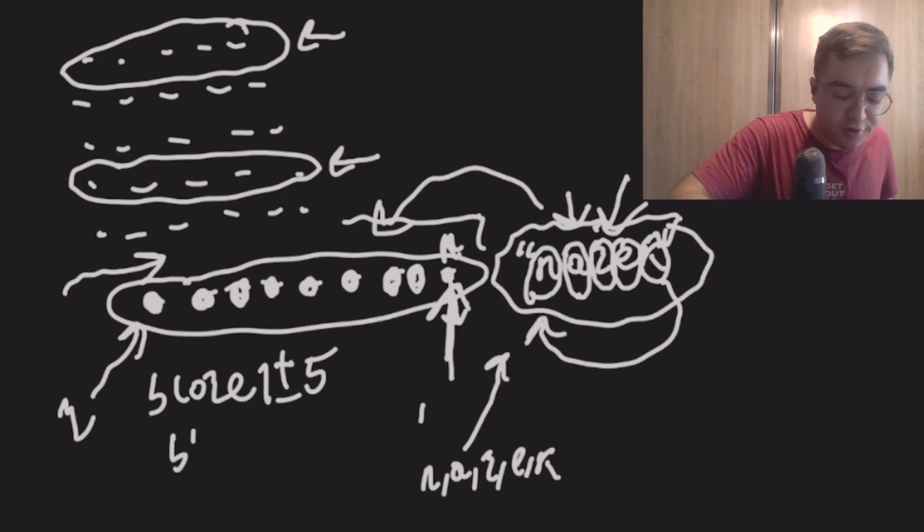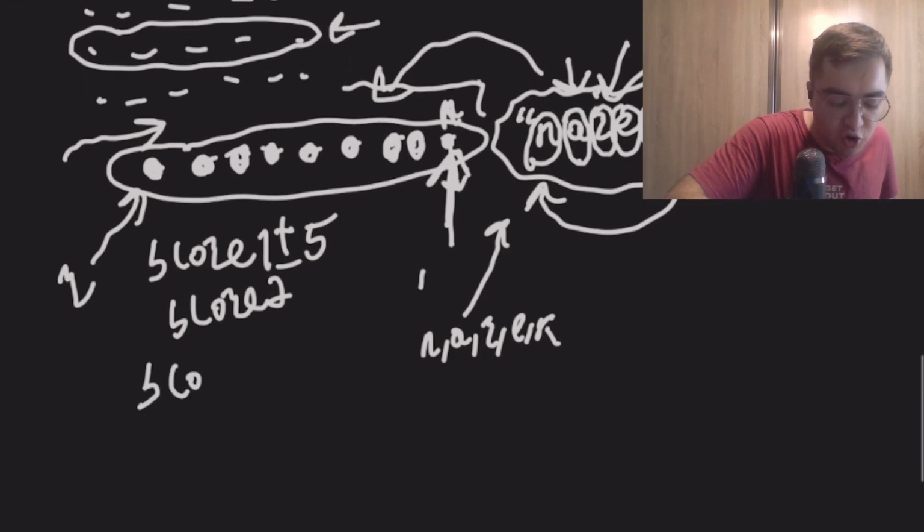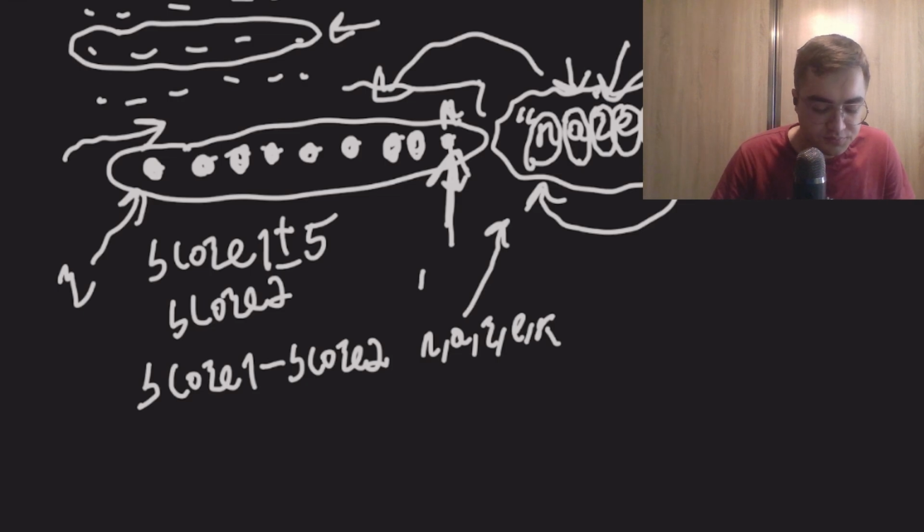So we get some score 2 and score 1. And basically our goal is to maximize the value of score 1 minus score 2. This is what we need to do. So make sure the first player gets the difference between first player score and second player score as big as possible.